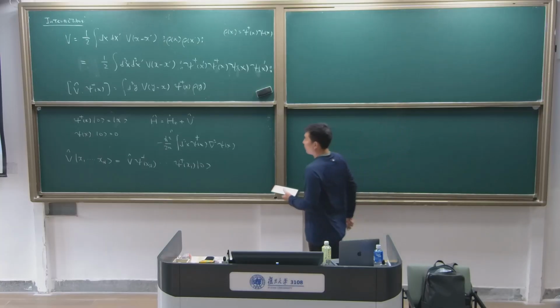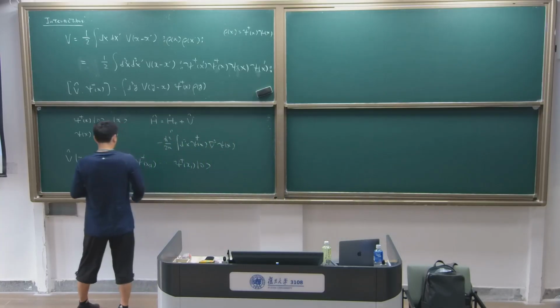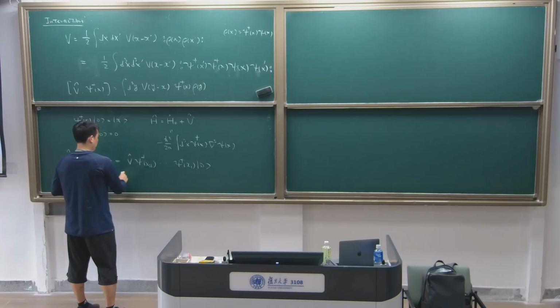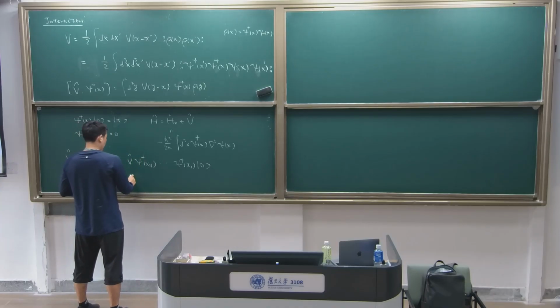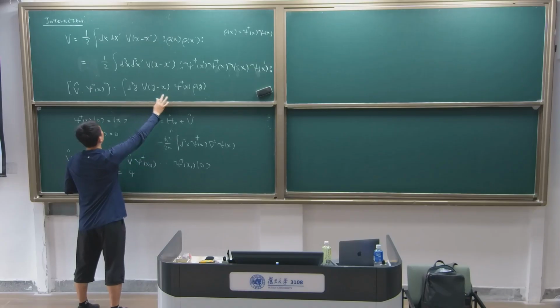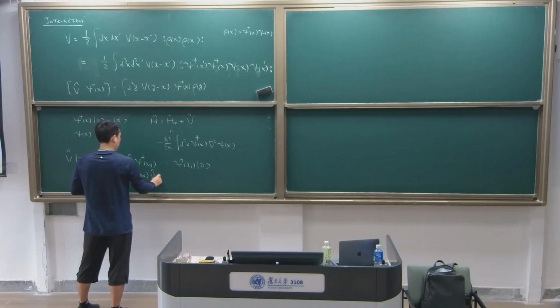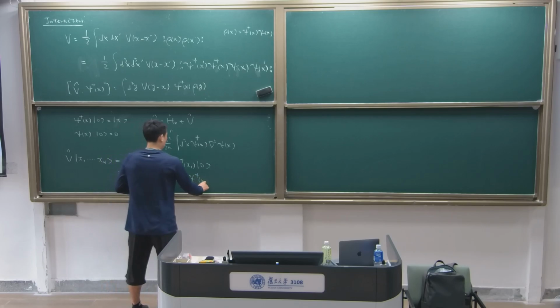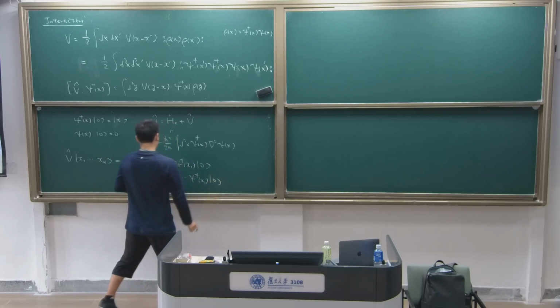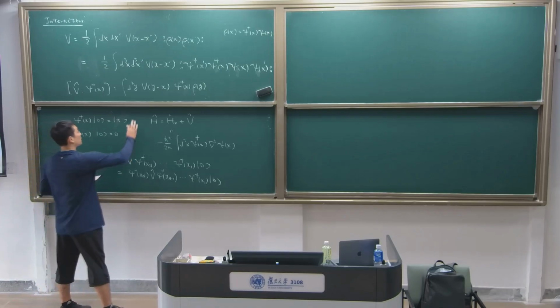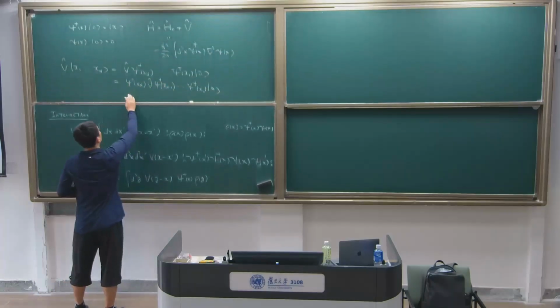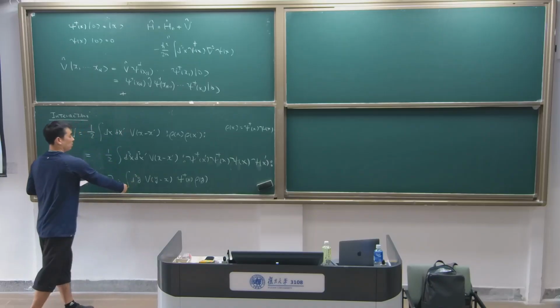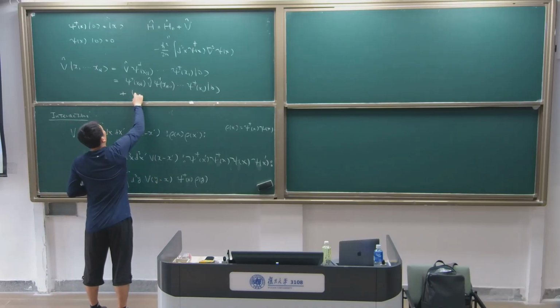So let's do the first step. You commute, try to commute this first one. And what you get is, using this commutation relation, psi dagger xn and the B hat psi xn minus 1 dagger here, like this way, and plus this quantity.